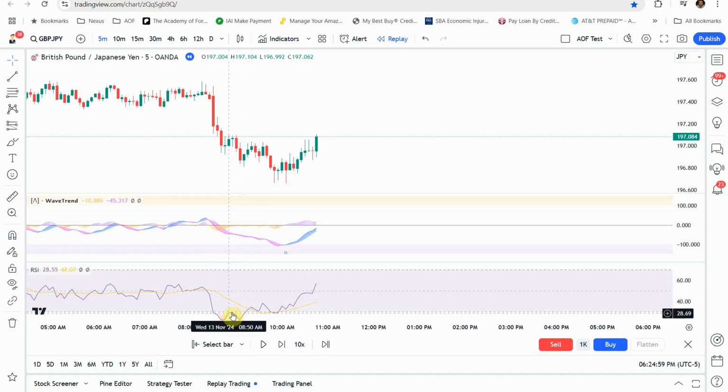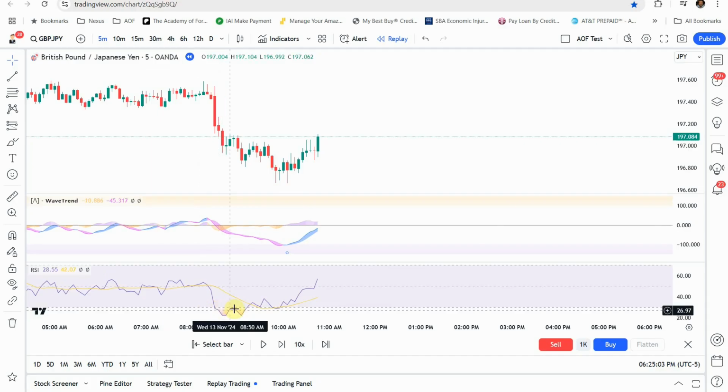As it does, the RSI breaks to the downside of the dashed line here, technically in the oversold area. But as price continues to make these new lows, you can see that the RSI is actually coming up, making these higher lows.